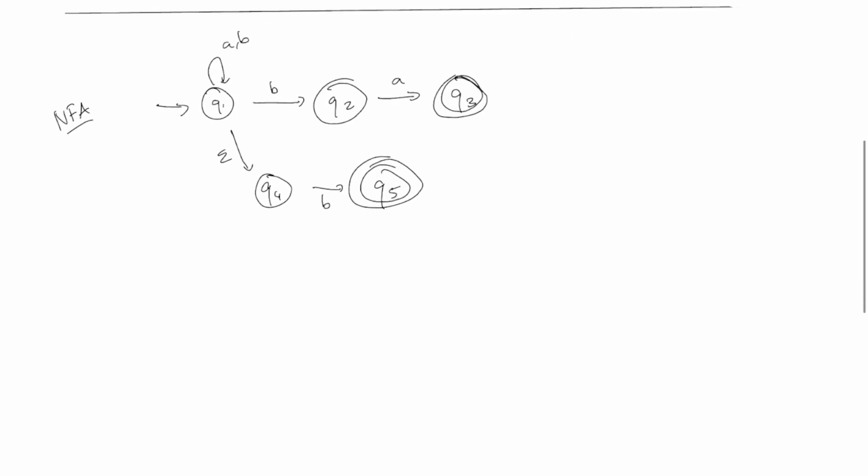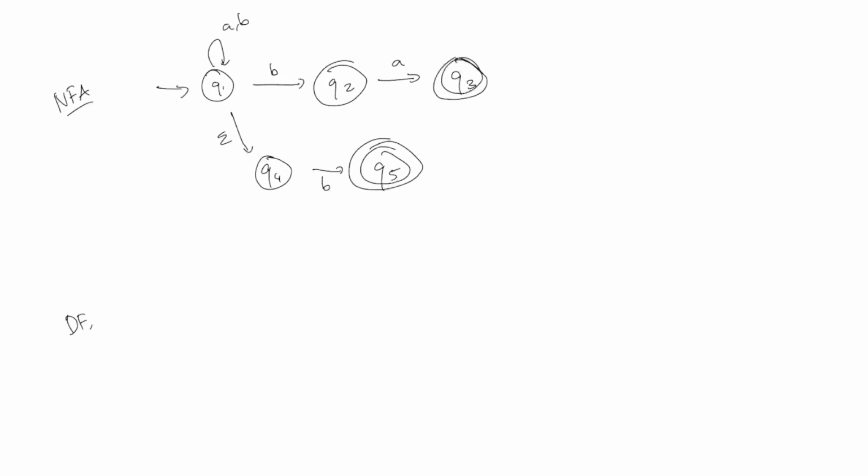I'm going to draw the DFA as always. The starting state consists of the original starting state together with any other state reachable by epsilon from the starting state. In this case, that means Q1 and Q4. So Q1 is the original starting state. Q4 is reachable by epsilon from the starting state. So it's like that. Q1 and Q4 is where we begin.